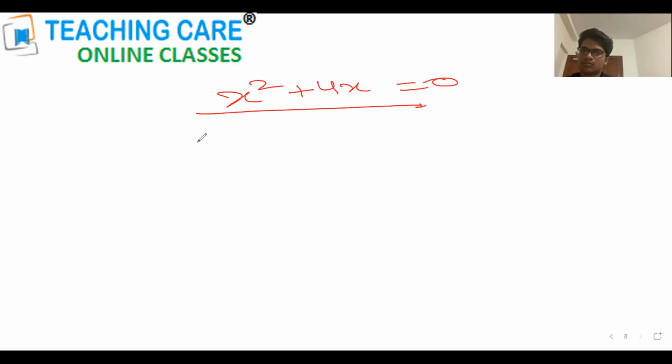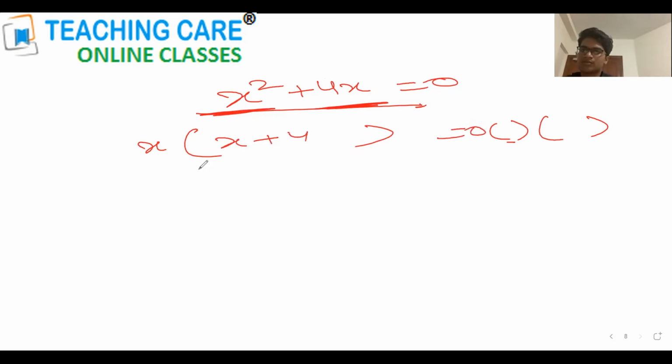What can we do here? Firstly, we will convert it into factors. How can we convert it into factors without splitting? Can we take x common? What will we get? x times x plus 4.